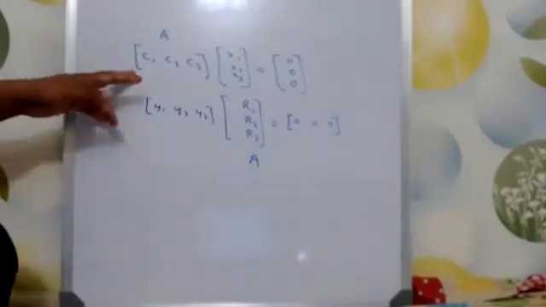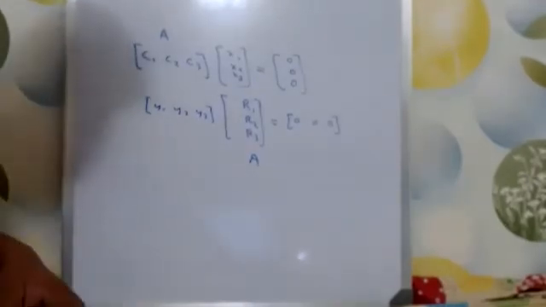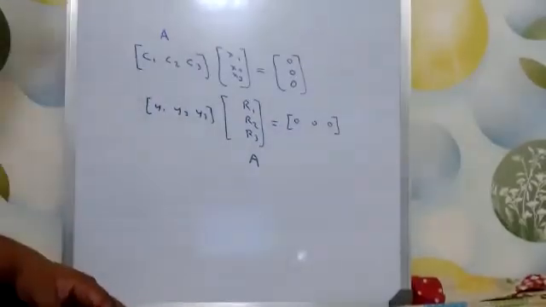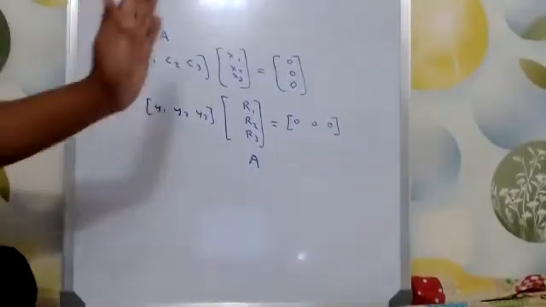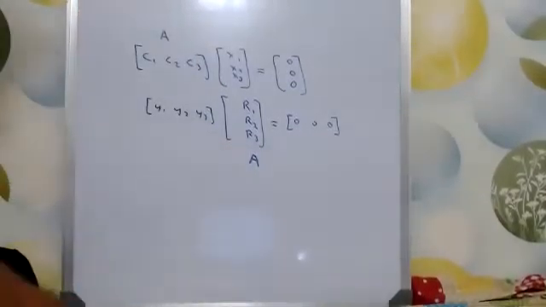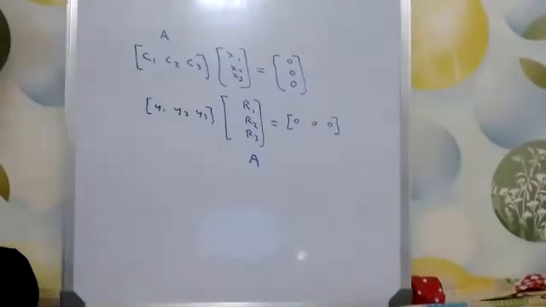This is looking at A from the point of view of columns. This is looking at A from the point of view of rows, right? But both are A. So now we want to know what combination of R1, R2, R3 will give us the zero row. So this is for our left null space.